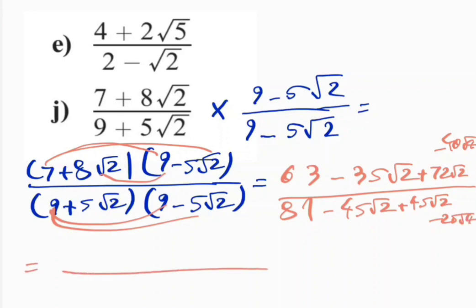Okay, let's now just simplify some of these. So we can just write down 63 as it is. But we know that minus 40 root 4, because root 4 is equal to 2, so minus 40 times 2 is minus 80. So we will have minus 80.